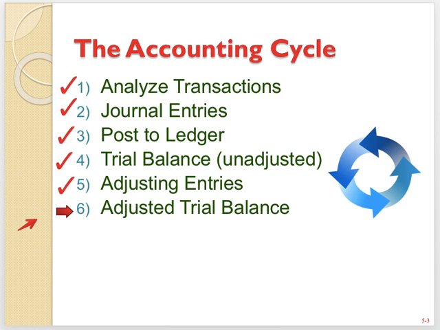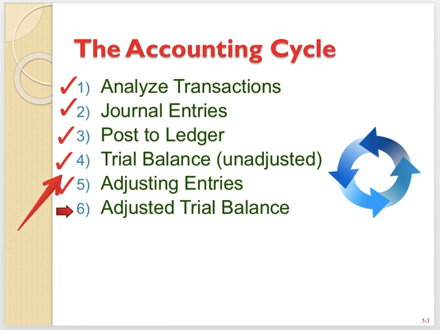Now, we've heard the term trial balance before. We prepared one in step 4. But that first trial balance is called unadjusted because it does not include all of the adjustments we had to make for those timing differences.